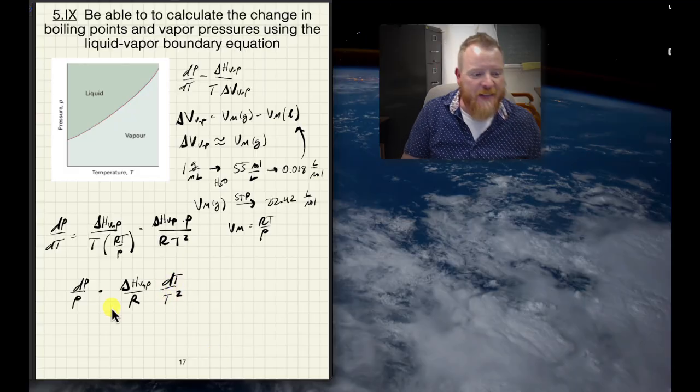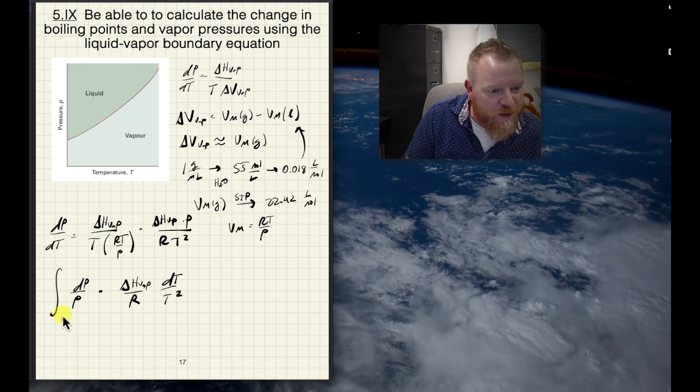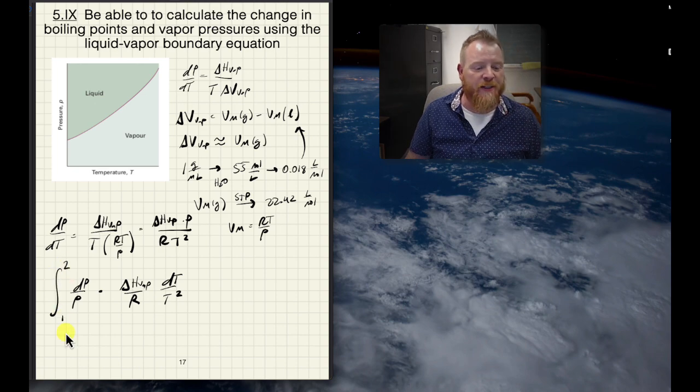Now we do the exact same thing: we integrate both sides from condition 1 to condition 2. Recognizing delta H of vap over R as a constant, we only need to integrate dT over T squared from condition 1 to condition 2.